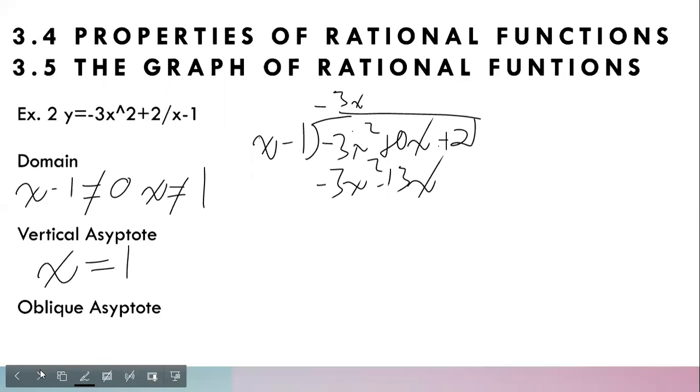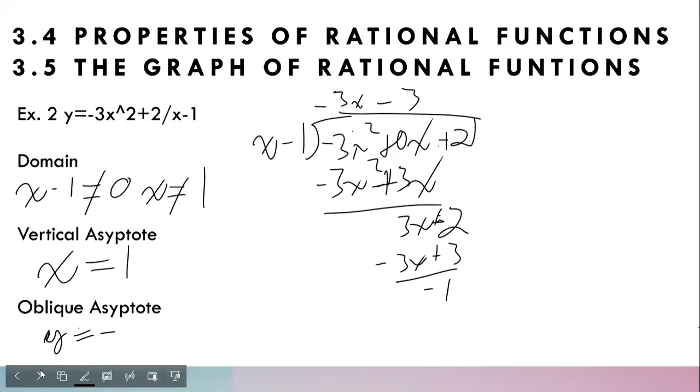So then you'll get 3x minus 2, or excuse me, plus 2. And then you again multiply by 3 to get rid of the 3x here. Then there's a 3 here. Then you get negative 1. So your oblique asymptote is y equals negative x.